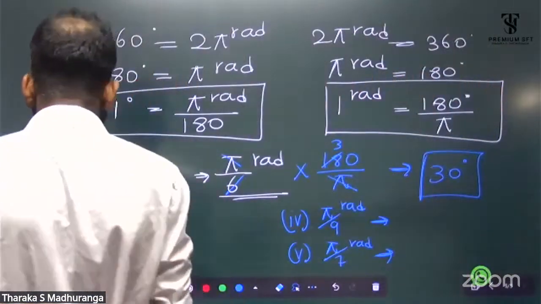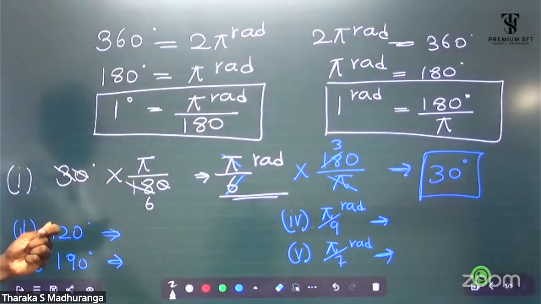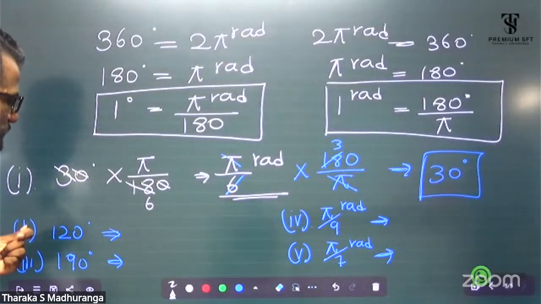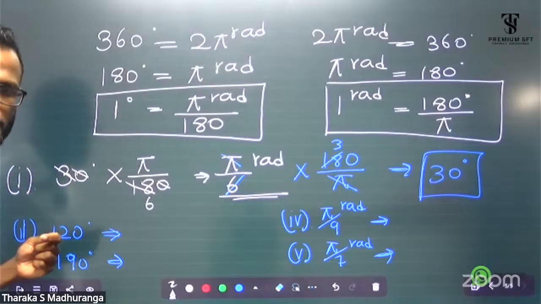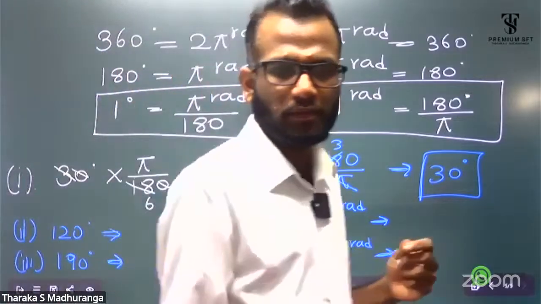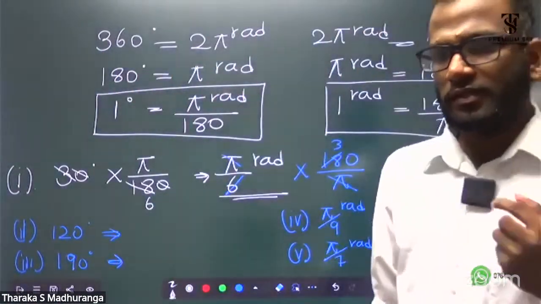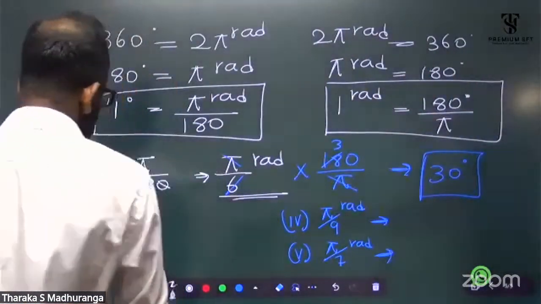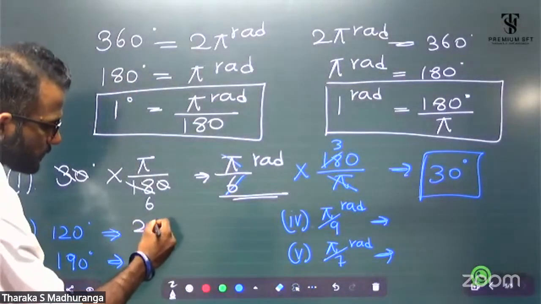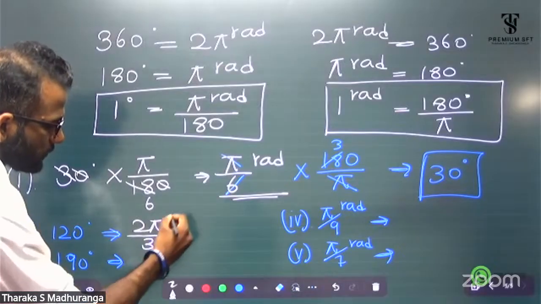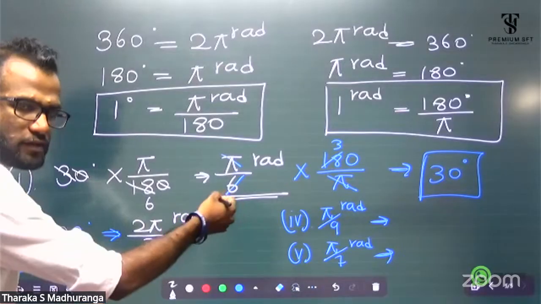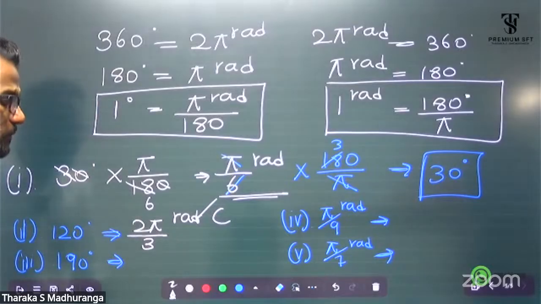Yes, 120 multiplied by π/180. 2π/3. Yes, 2π/3 radian. Simple.